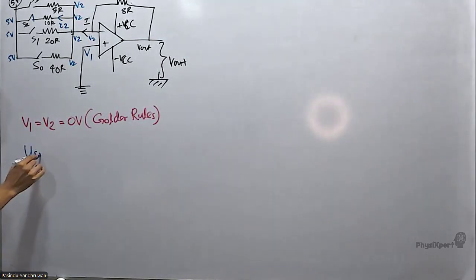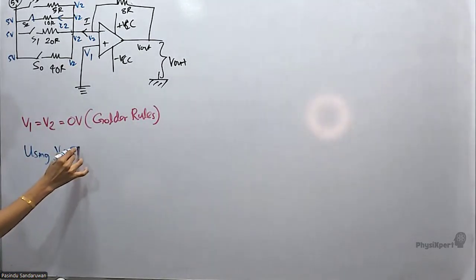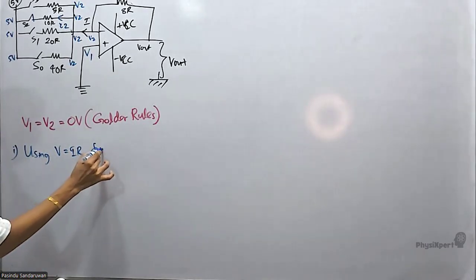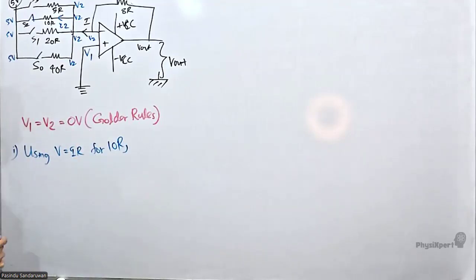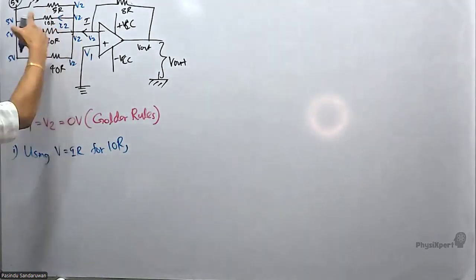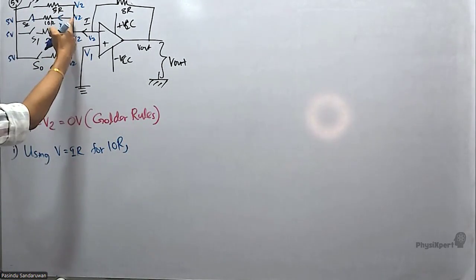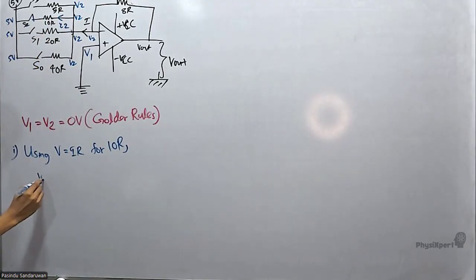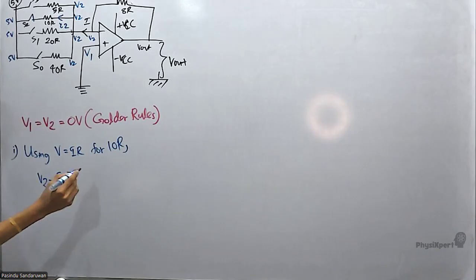Using V equals IR, this is part 1. Using V equals IR for 10R, V is high voltage minus low voltage, since current flows from high to low, so it should be V2 minus 5.